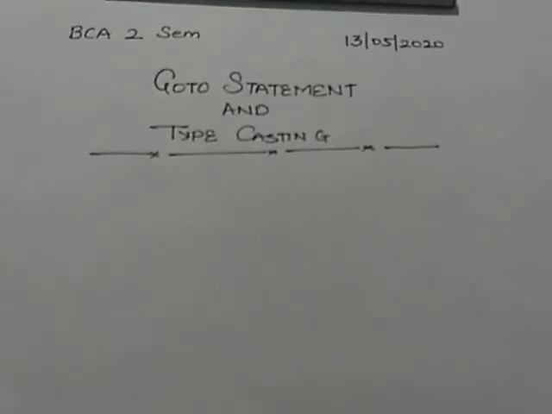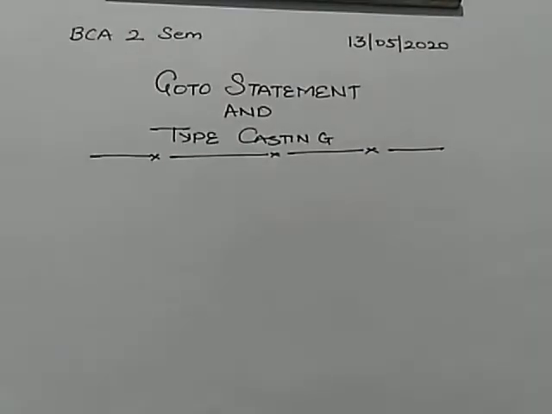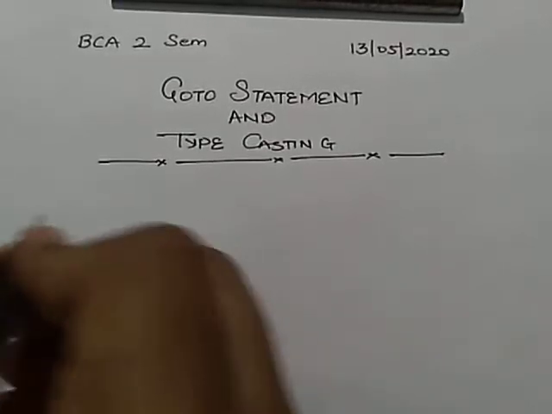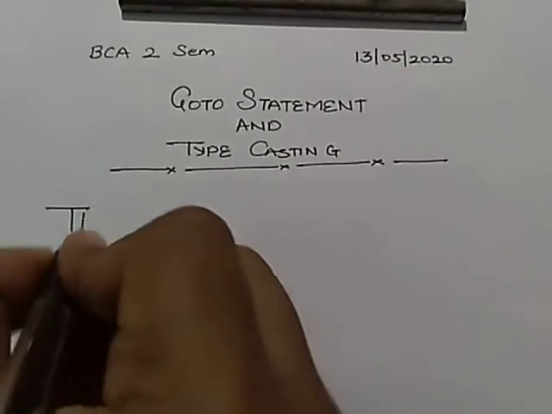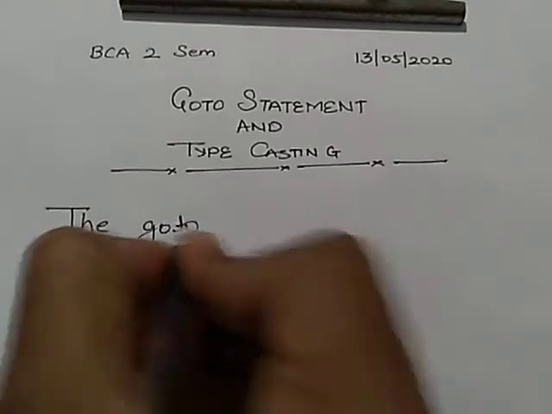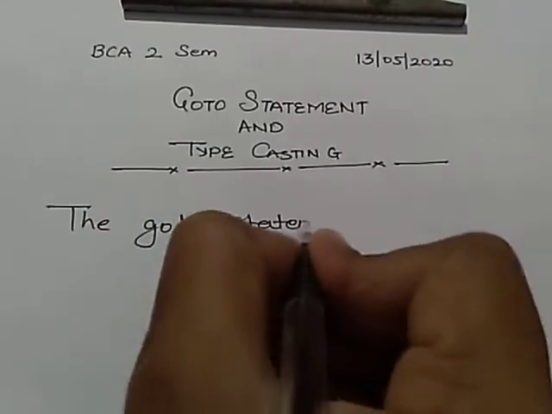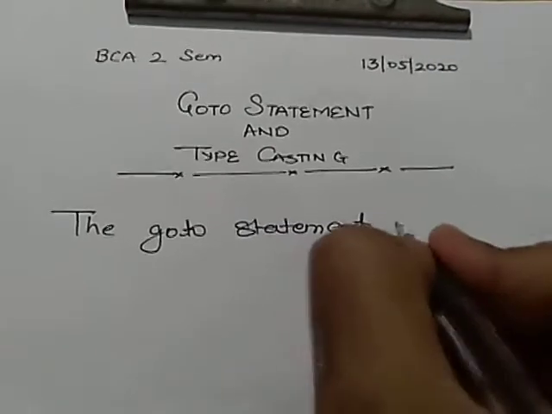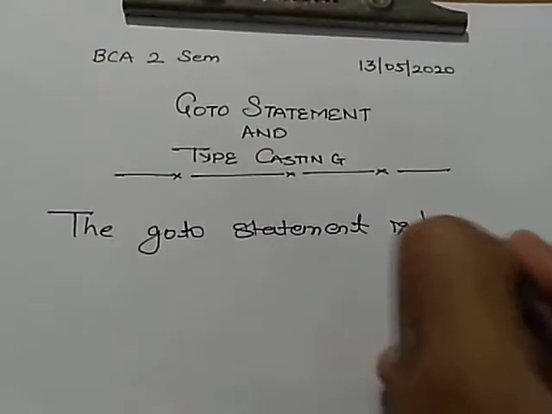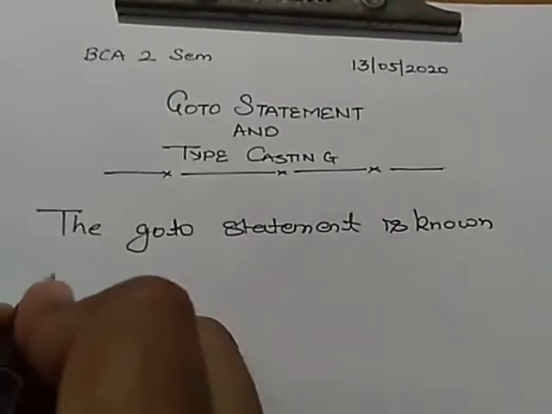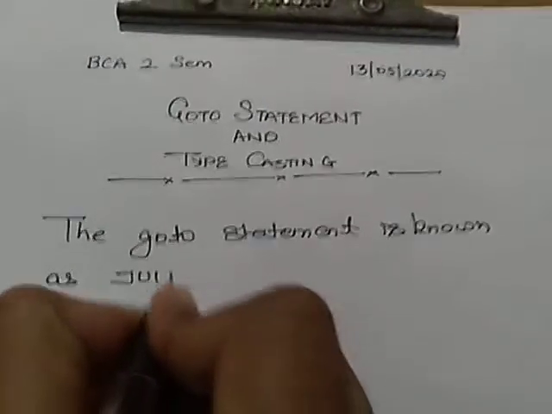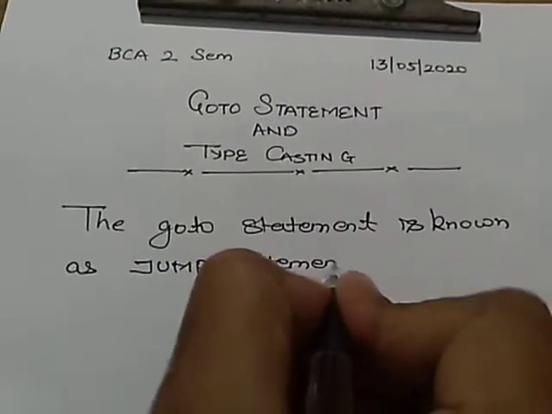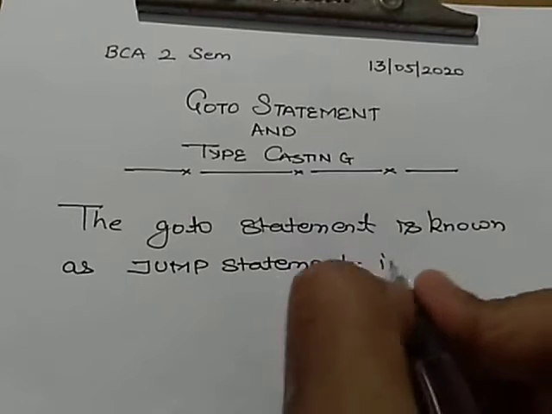Today we will study the goto statement and typecasting in C language. Now, the goto statement is known as a jump statement in C language.